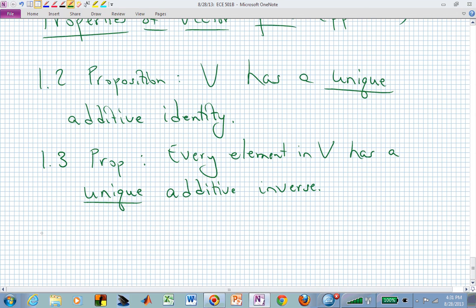What's another proposition that they present? Proposition 1.4. And this says that 0v equals 0 for every element or vector in the vector space. Some books probably do a better job of noting what's going on, but here this 0 means two different things on the different sides of the equality.